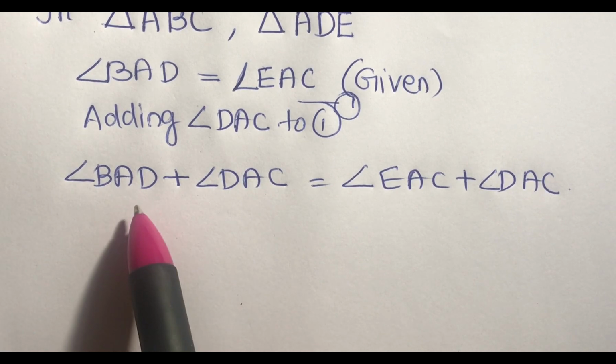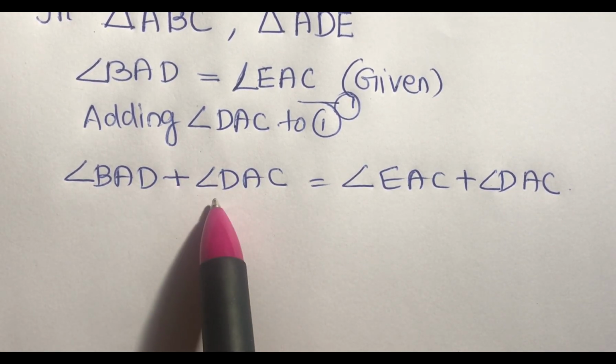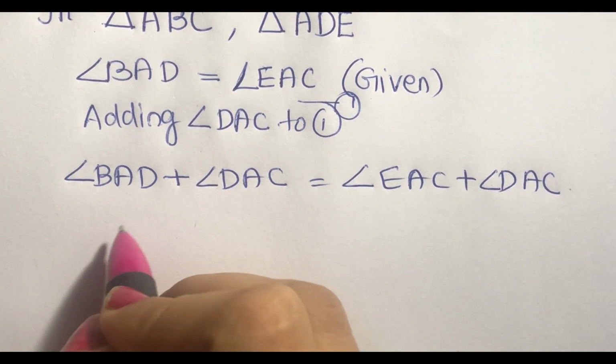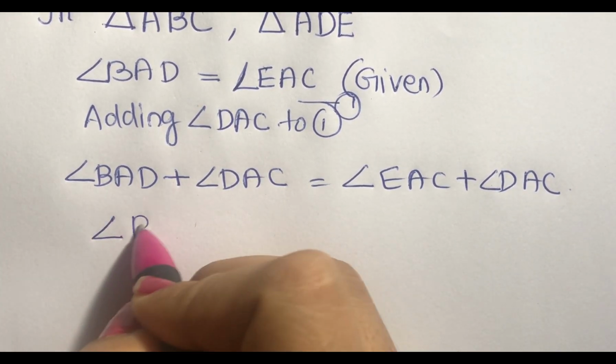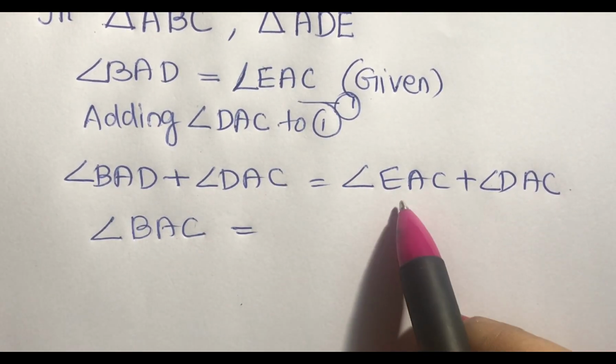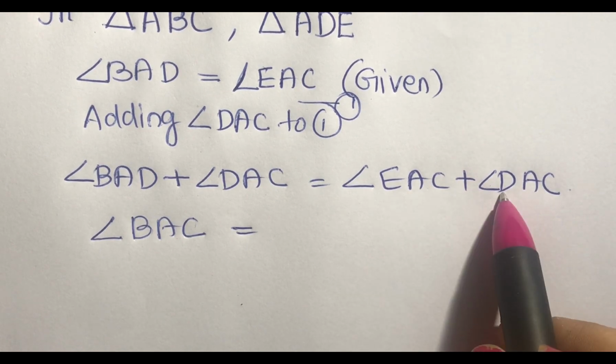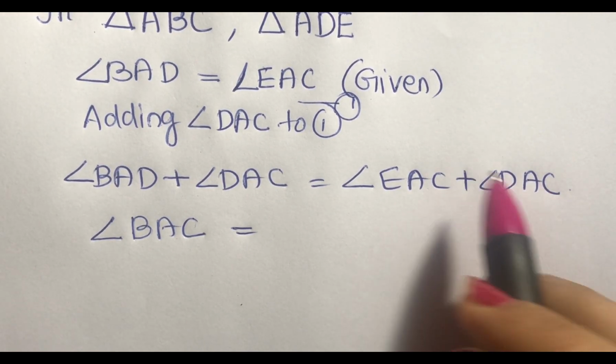Angle BAD plus angle DAC is equal to angle BAC, and angle EAC plus angle DAC will be equal to angle EAD.